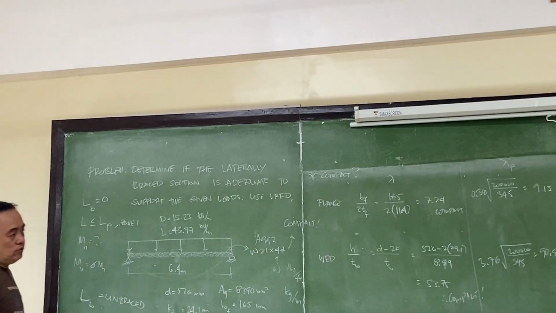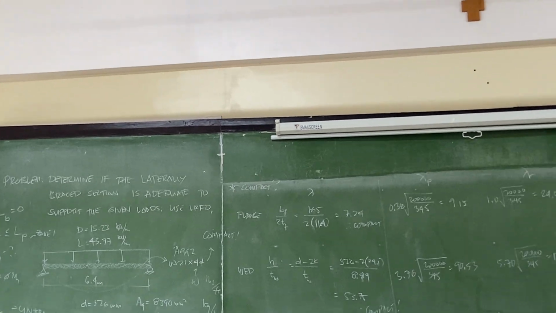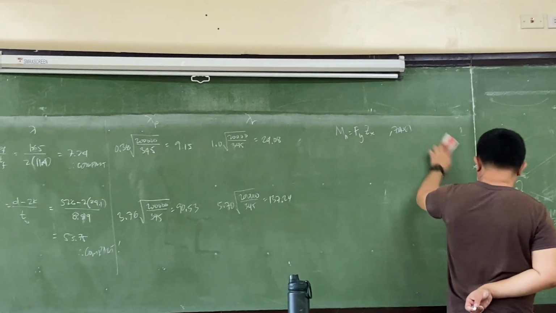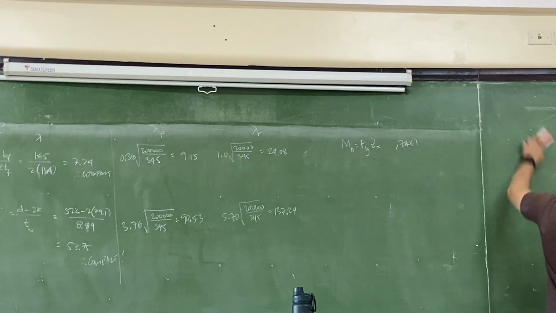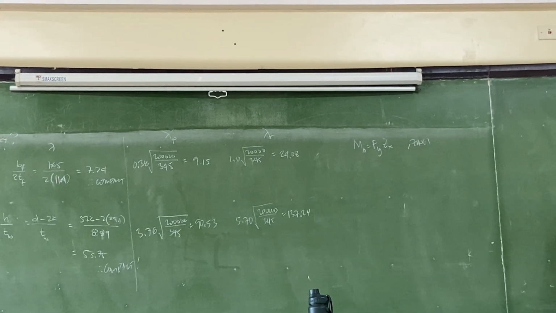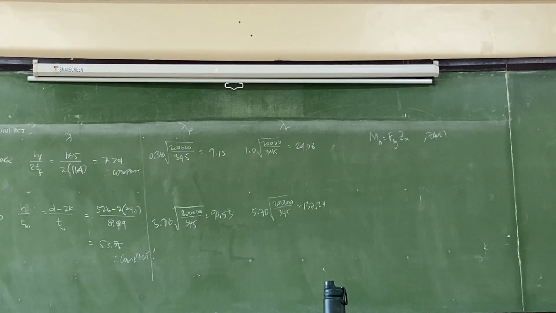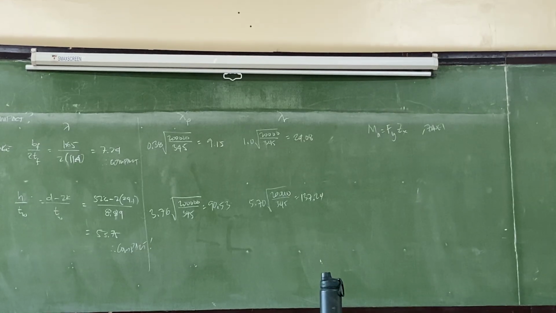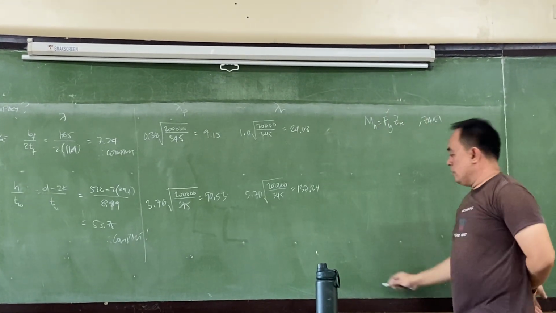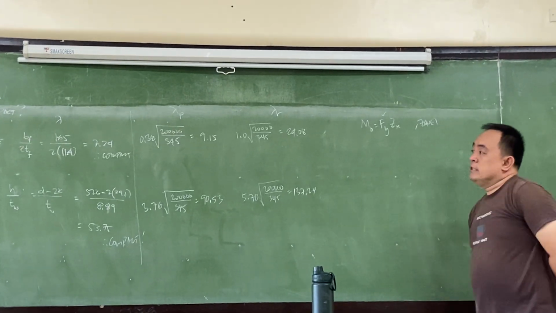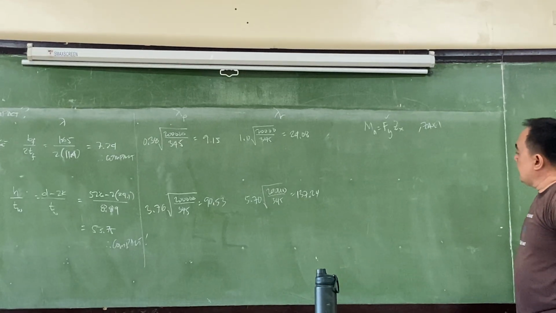Okay? So zone 1, meaning you have your Mn equals your Fy times your Zx. We already have our Fy. What else do we need? Our Zx.